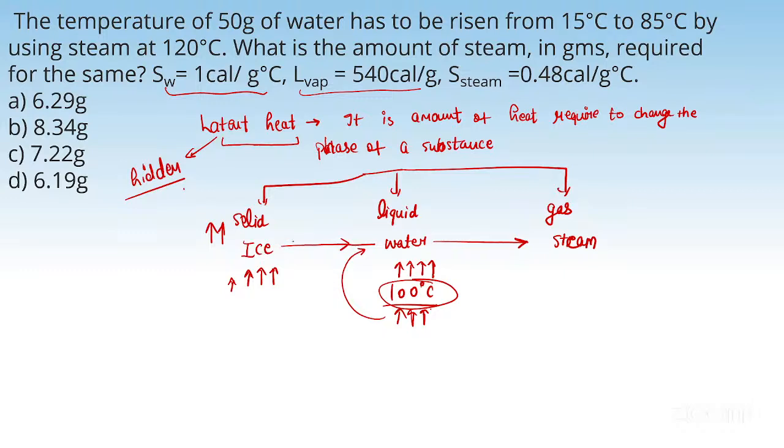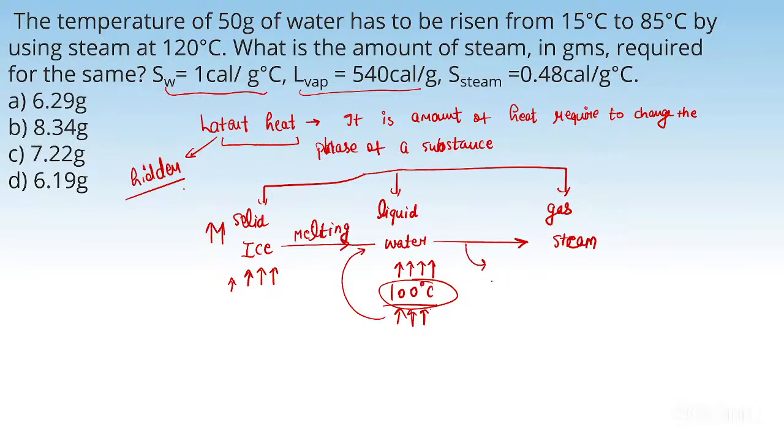This heat is going to melt the ice, which means the heat that is required to change the phase of a substance from solid to liquid, liquid to gas, that heat is nothing but the latent heat. अब देखो, water से gas जब बनेगा तो we will know that it will vaporize.